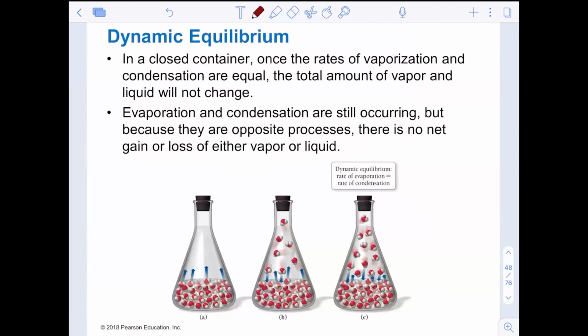So the dynamic equilibrium exists when we still have the processes, but the overall net change of liquid and vapor is zero. And that's because as one goes up to be a liquid, the other one is going back down. When one goes up to be a gas, the other one is going back down to be a liquid. Okay, so the overall change is zero.